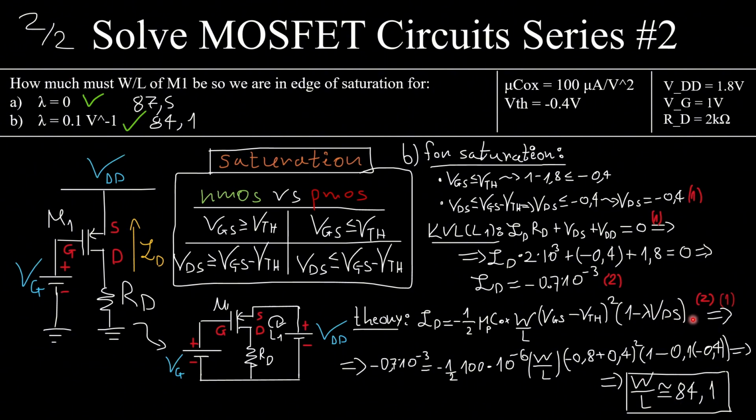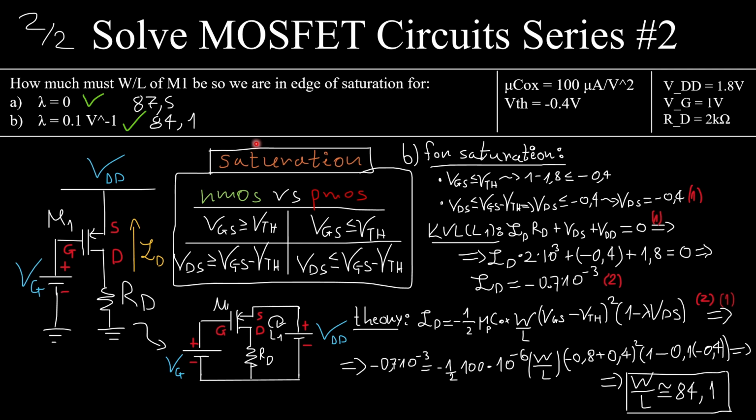Taking into account channel length modulation made our lives a bit more complex. We had an extra term over here, and in this instance, it was kind of easy to find the W over L suitable here. But there are many times where this term makes things much more complex and much more difficult. So we see that there is a difference here in the W over L, but is it that big of a difference?